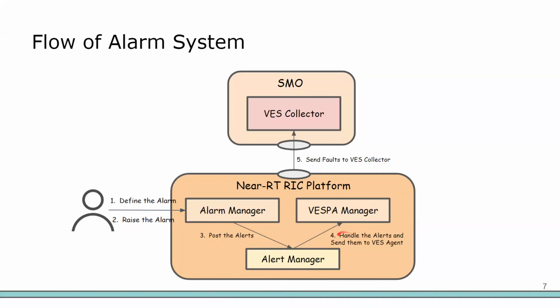Next, the alert manager handles the alert and sends it to the VS agent, the VESPA manager. Finally, it sends the fault event to the VS collector. That is the fourth step.